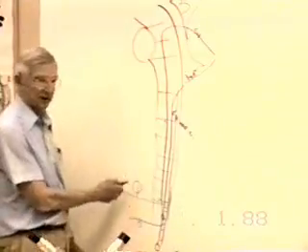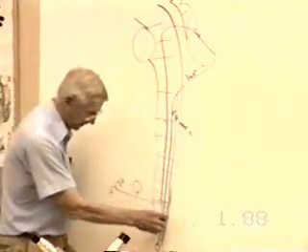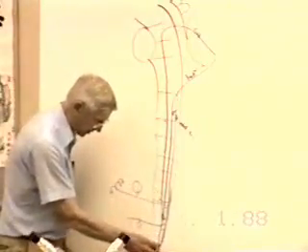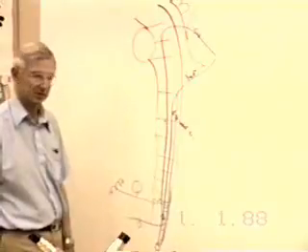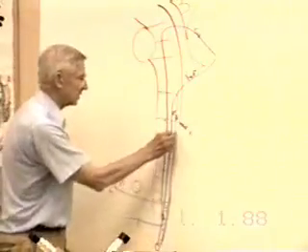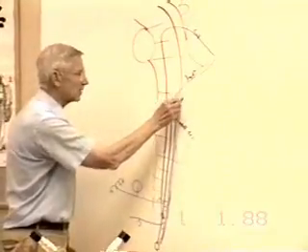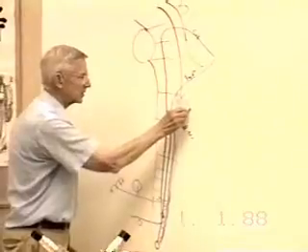Depending on whether we're looking at a cervical or a lumbar segment, the cervical descending fiber will come down to the upper thoracic region, and the ascending one will come up into the posterior column, the lateral cuneate nucleus.